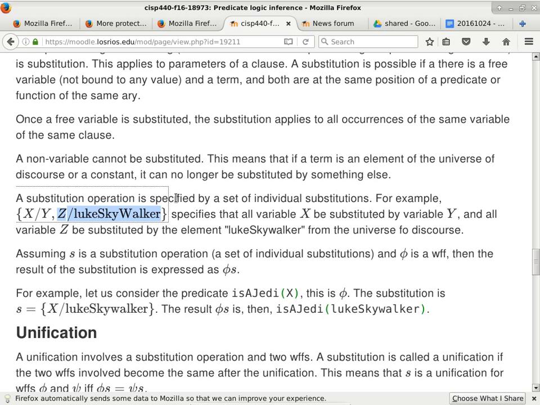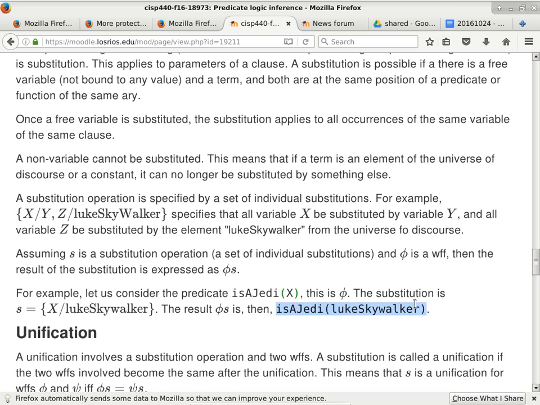With the concept of substitution, we can look at these different rules. If we have a predicate is a Jedi X, where X is a variable, and then we have is a Jedi Luke Skywalker, can these two, using a substitution, become the same? That's the question, and the answer is yes.